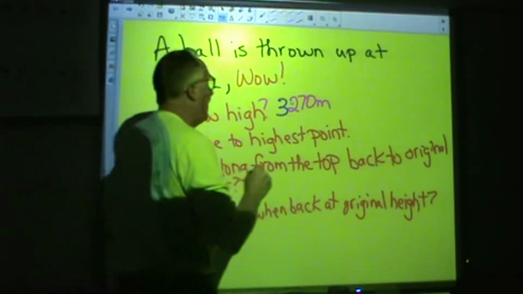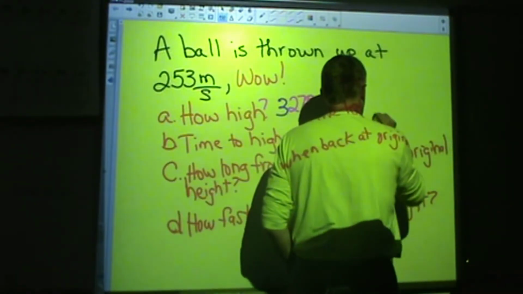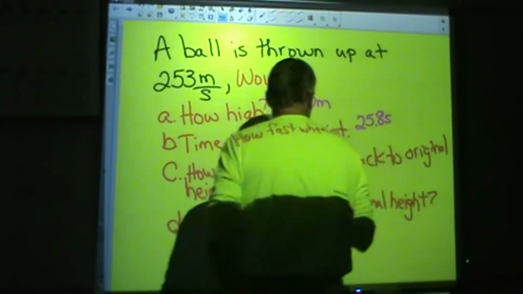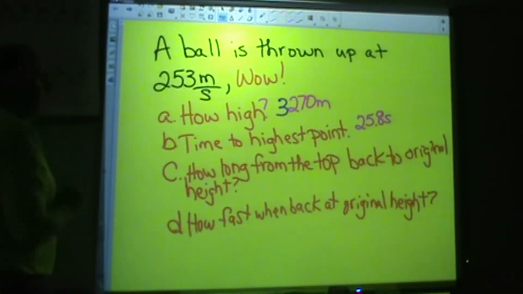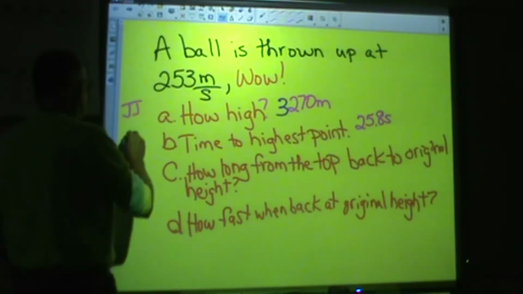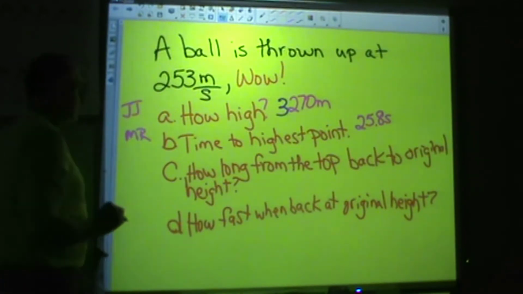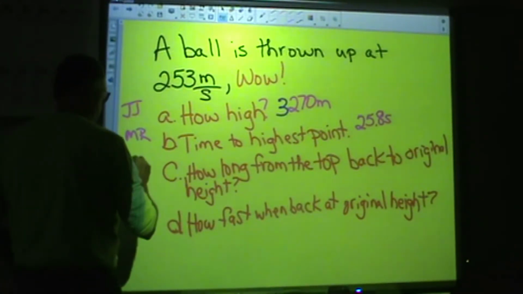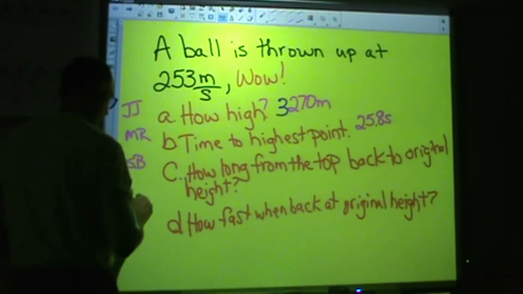And the time to the highest point, 25.8 seconds. This one was JJ, that one was me. Don't you think I did it right? Yeah. I used the wrong one.